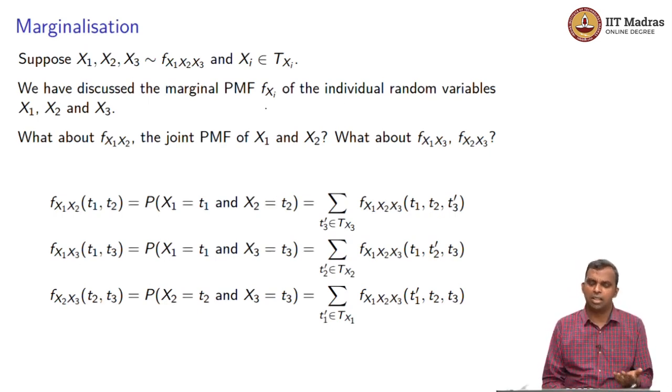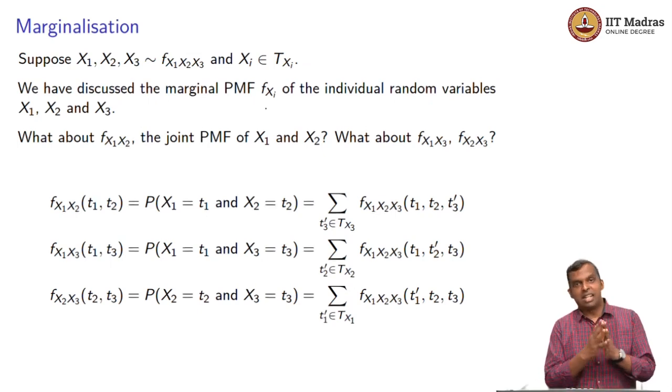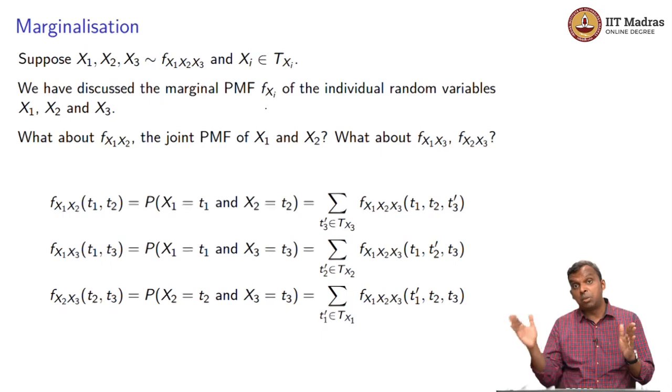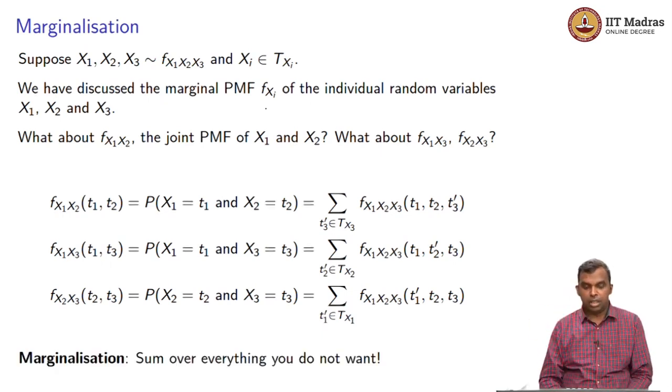Same thing with x2, x3: you sum over all possibilities for x1. It's a very simple extension. We started with the entire joint PMF, then we said maybe the marginals are interesting. We looked at the individual marginals, now we have pairwise marginals, and you can extend to other situations. This principle is important to remember: whenever you want to marginalize, you keep what you want, sum over everything you don't want, and you get the marginalization.